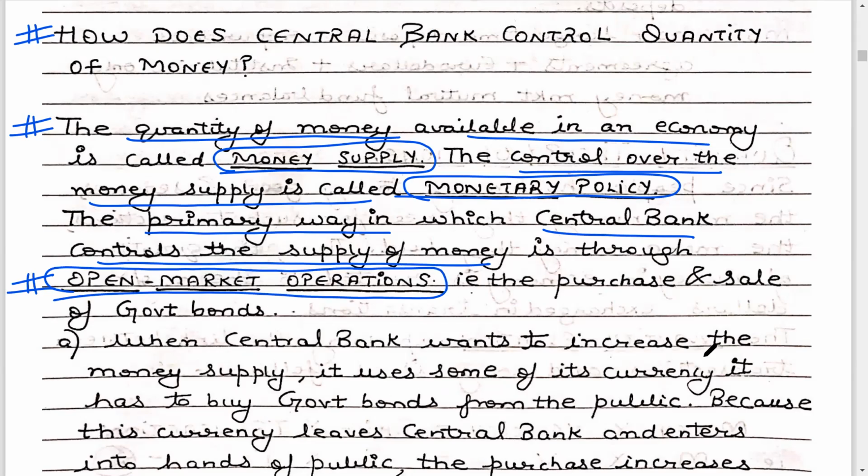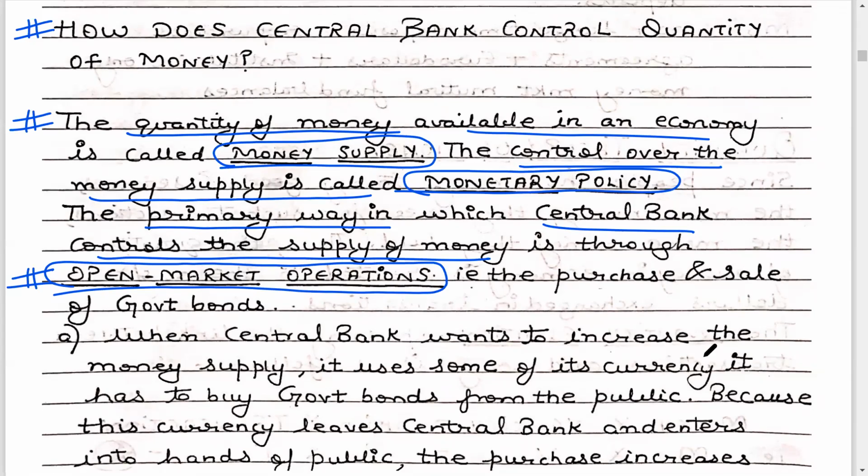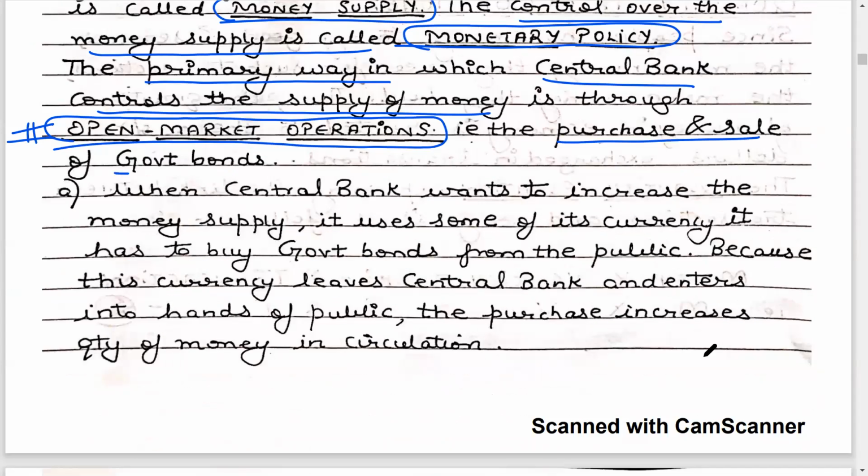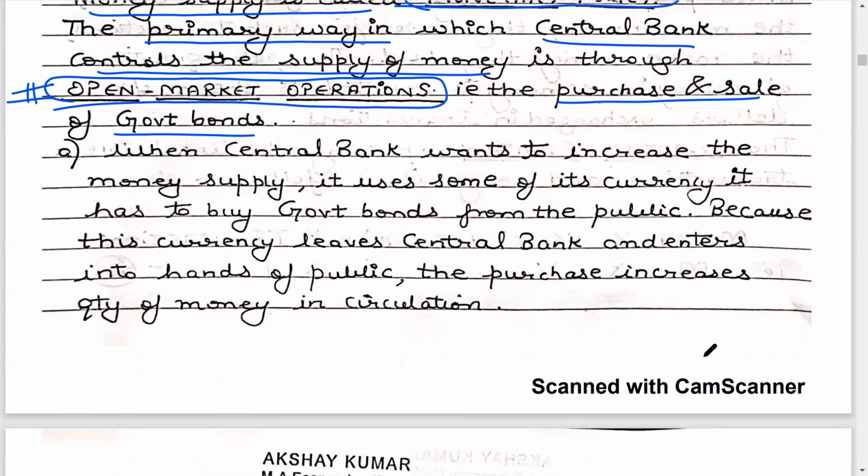Obviously, there are more means through which the central bank controls the supply of money, but majorly the tool used by the central bank to control money supply is open market operations. Now, open market operations are something which students have even done in high school macroeconomics. It simply refers to purchase and sale of government bonds.